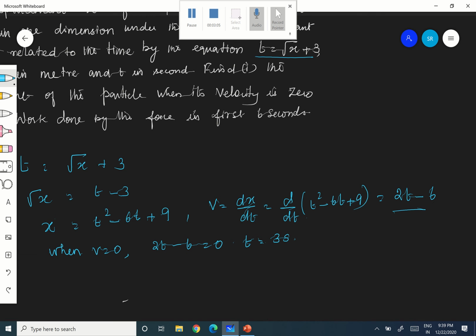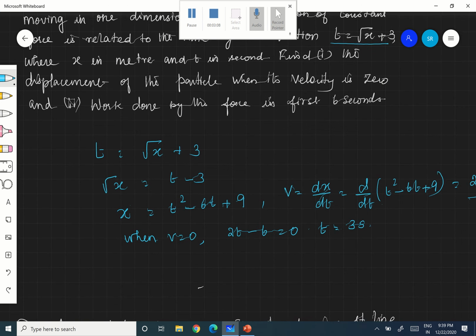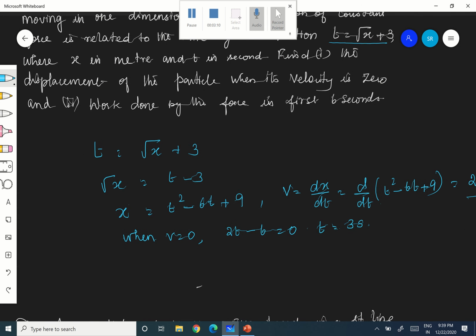So when v = 0, the displacement is asked. Velocity is 0 when t = 3 seconds, so at t = 3 seconds we have to find the displacement.